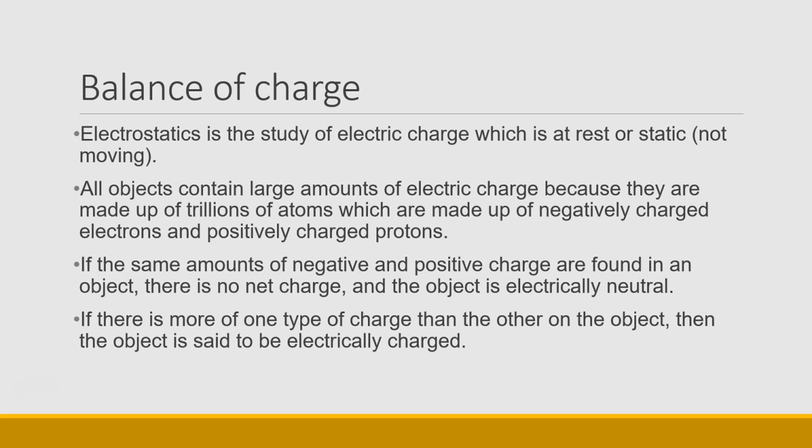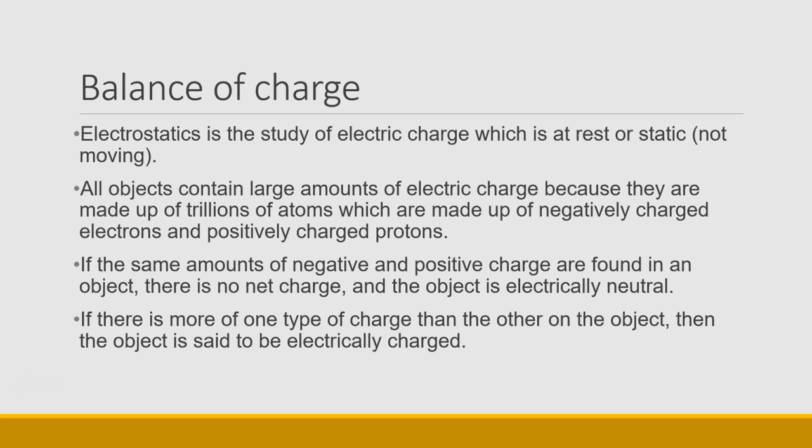So let's say that your body is made up of 1,000,000,000,000 protons and 1,000,000,000,000 electrons. That makes your body neutral. It is electrically neutral. But if I add some electrons to your neutral body, now your body becomes electrically charged.